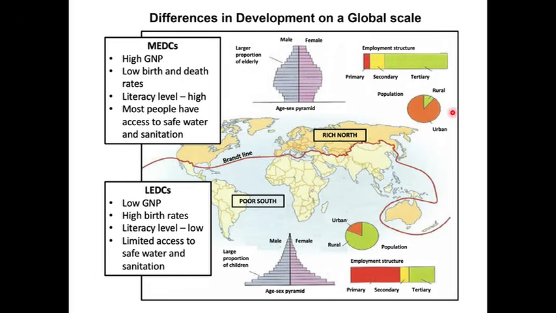Most of these countries are in the northern hemisphere, but remember there are also southern hemisphere countries in this northern part of the Brandt line. So here we've got the large orange and here we've got a small orange. This means that more people in the rich north actually live in urban areas, and south of the Brandt line, most of them live in the rural part.